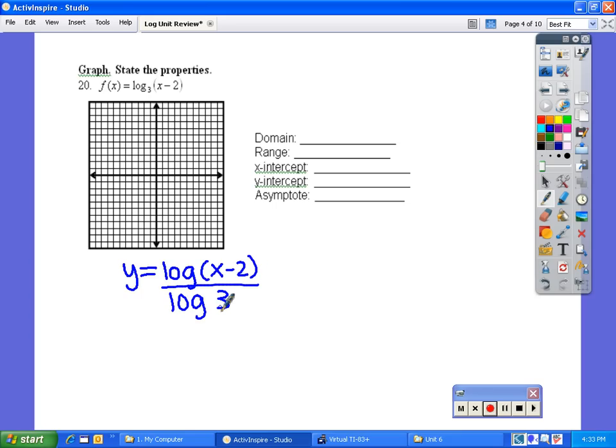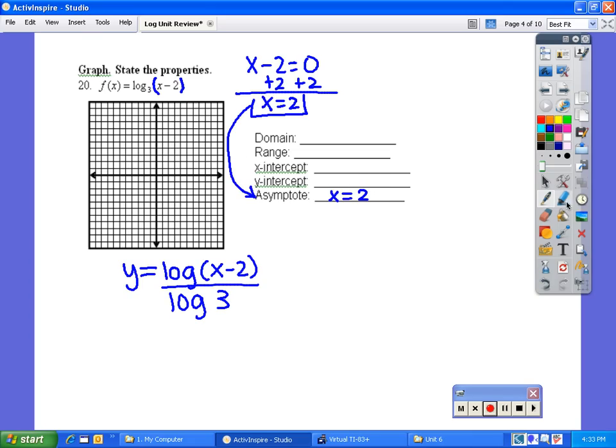Remember, the log of base should always be in the bottom. Next thing you should always remember to do is take what's in the parentheses and set it equal to 0. That is your asymptote. So that is this answer right here.